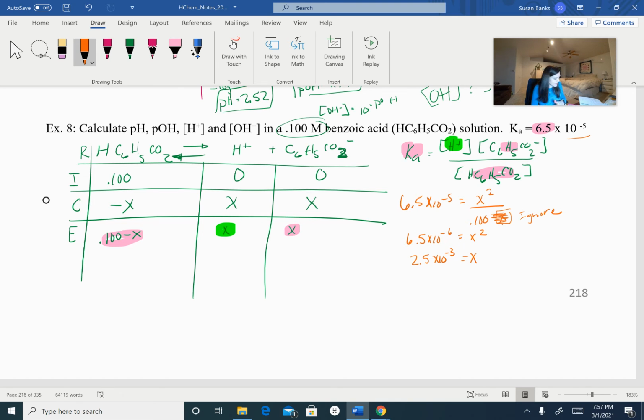My calculator really gives me 2.5495098 times 10 to the negative 3, but I only have 2 digits here. So that is what X is. I have 2.5 times 10 to the negative 3 here, and 2.5 times 10 to the negative 3 here.